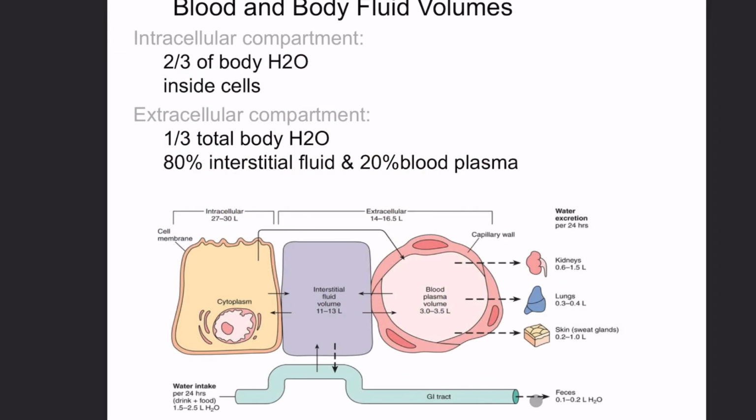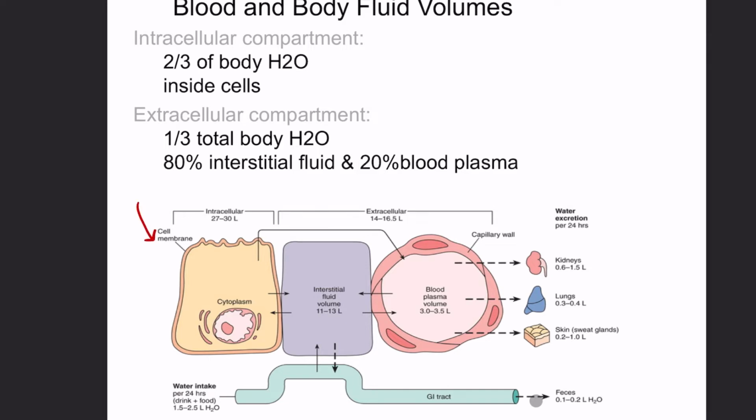So we're going to talk about how fluid flows, which impacts blood pressure. And I think you've seen this picture before, where we have different compartments of fluid within our body. First off, we have intracellular fluid, so the intracellular compartments, and this would be inside the cells.